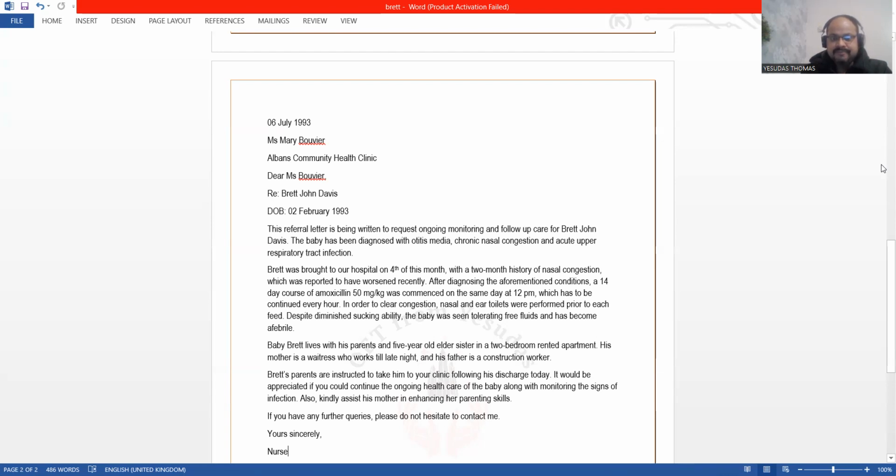After diagnosis of the aforementioned conditions, a 14-day course of amoxicillin 50 mg per kg was commenced on the same day at 12 p.m., which has to be continued every hour. A bit complex sentence, but it has a lot of information there. After confirming the aforementioned conditions, which are the aforementioned conditions?